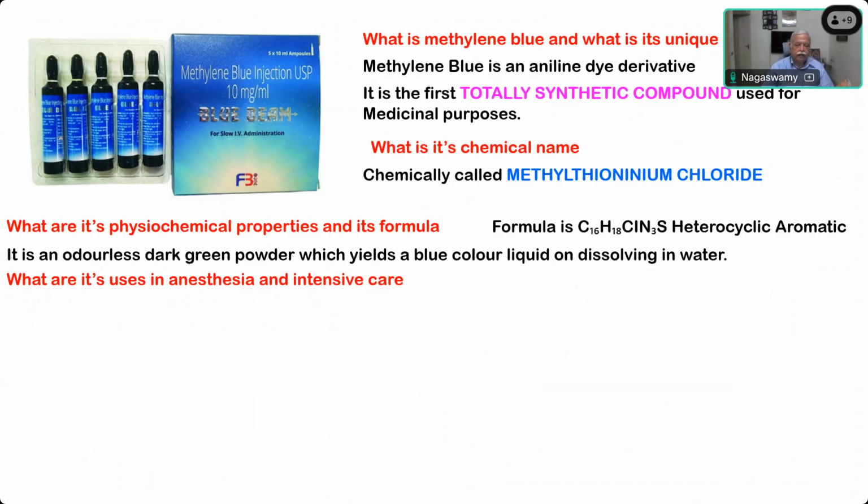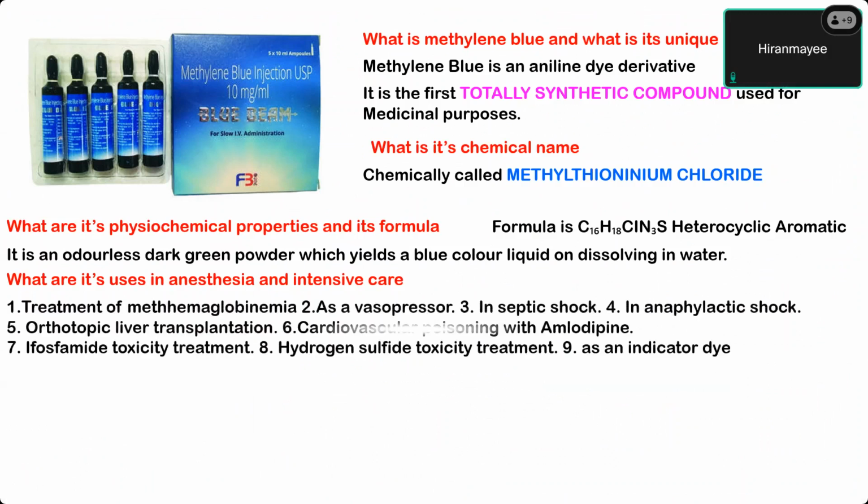Yes, sir. Right. You can use it in the cuff of the laser tube, which we just now saw. Then any other uses in intensive care? Treatment in cyanide poisoning, antidote for cyanide, local anesthetic toxicity.